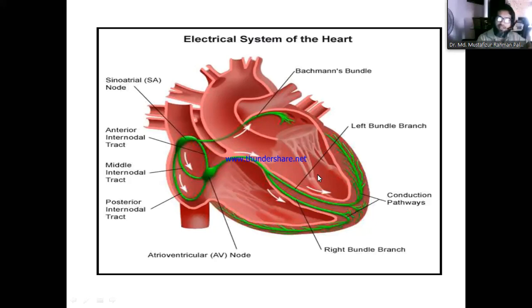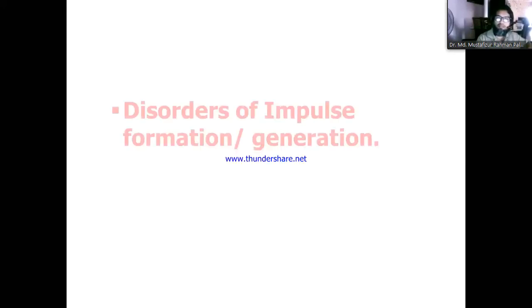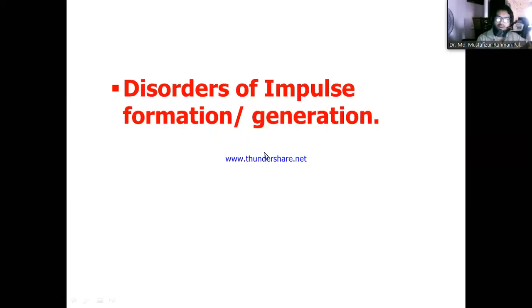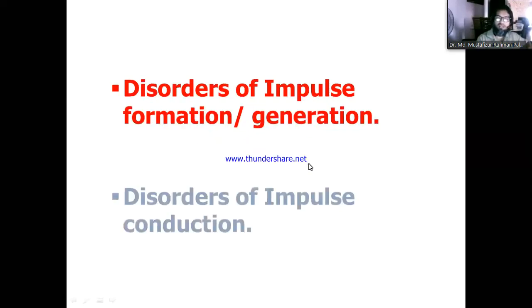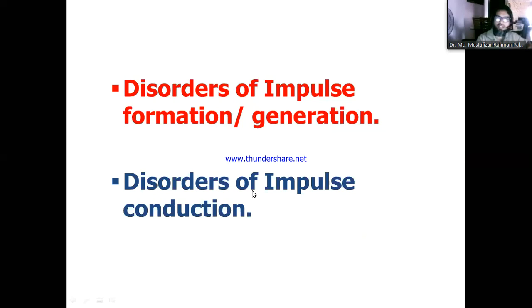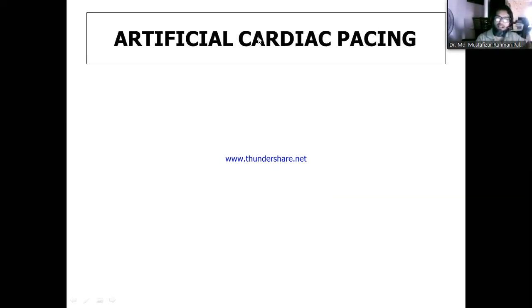That will create the problem. The problem may be a disorder of impulse formation or a disorder of impulse conduction. If this problem occurs, we can artificially help the conduction system by cardiac pacing.